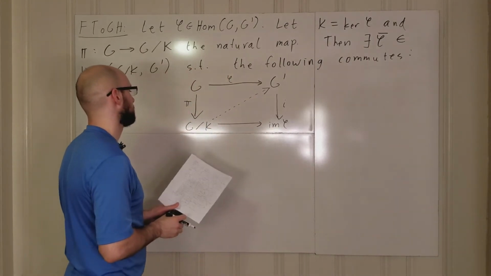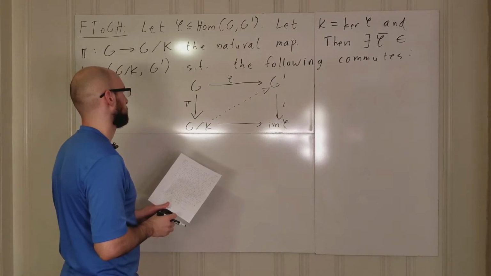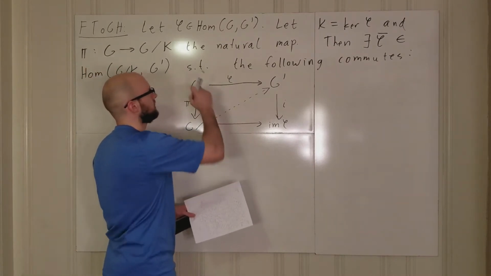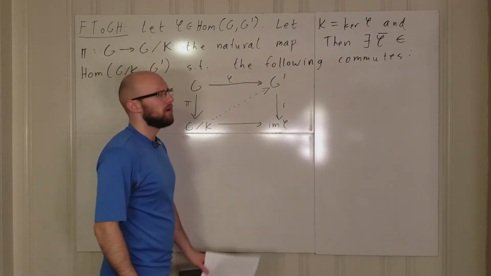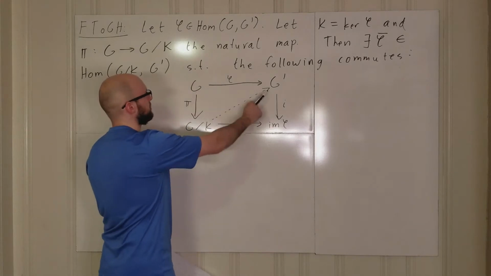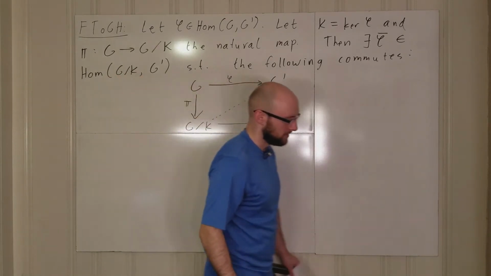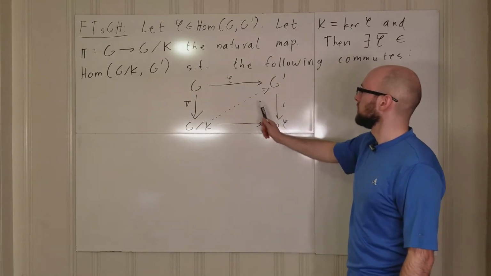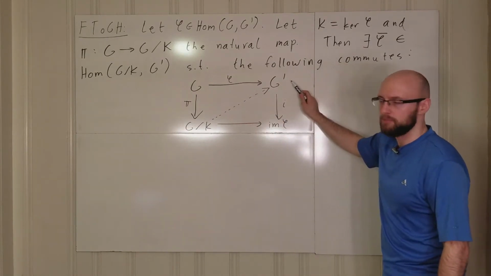Let's see here. Phi is a map from G to G prime. Oh, of course. Okay, so phi is going to be a map from G to G prime, but when we map through here, we're not starting at G prime.